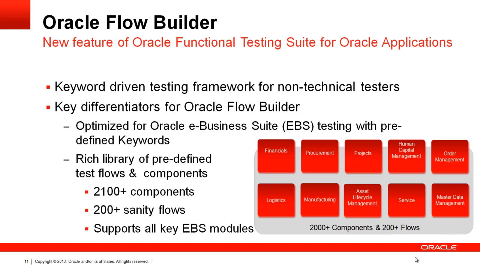And we have over 2,100 pre-built components that span across all different modules of Oracle eBusiness Suite. And based on these 2,100 components, we have over 200 test automation flows across these modules that the testers can use to jumpstart their eBusiness Suite testing.